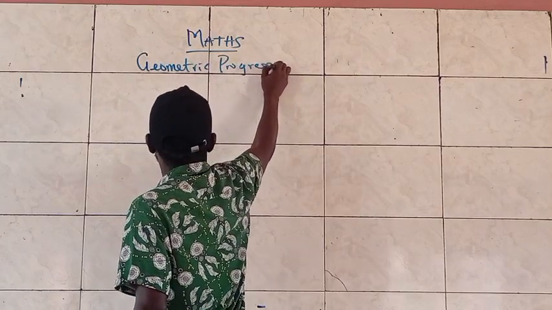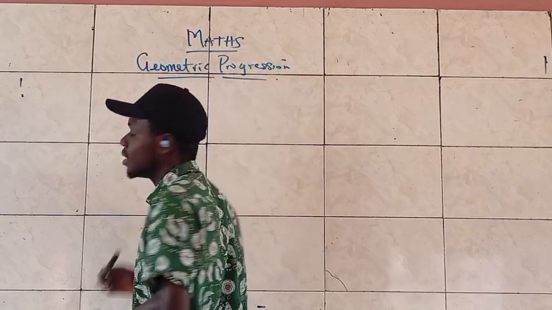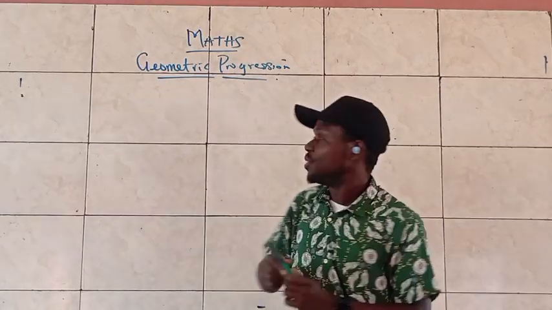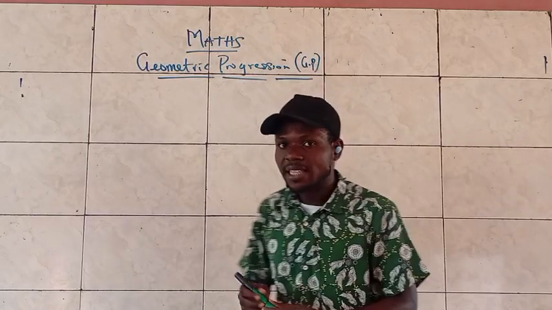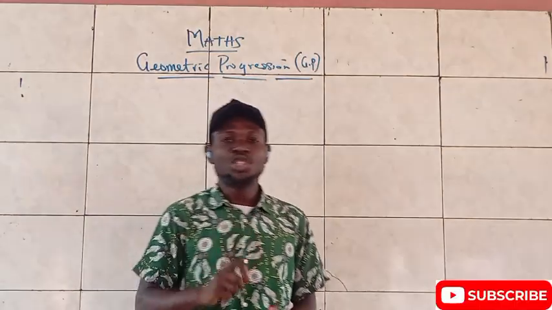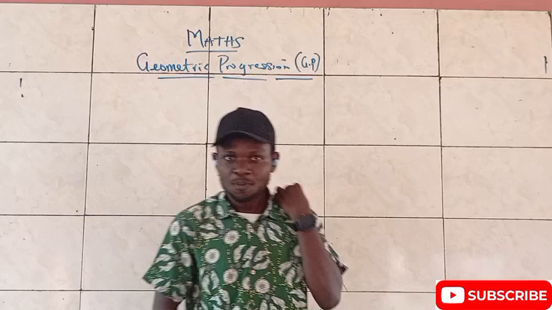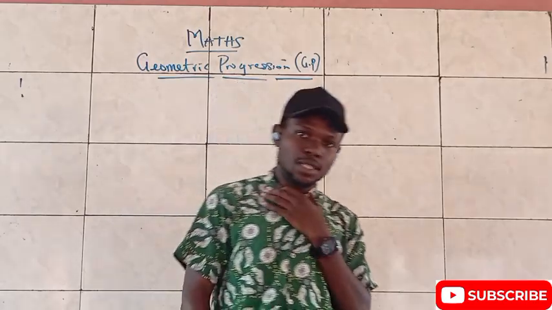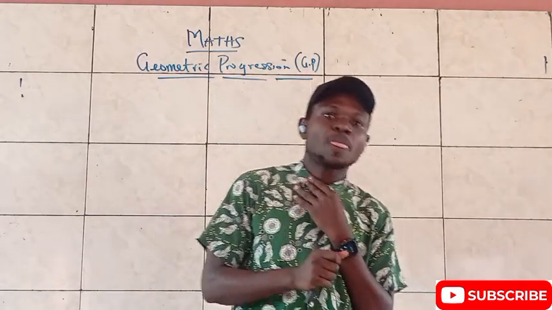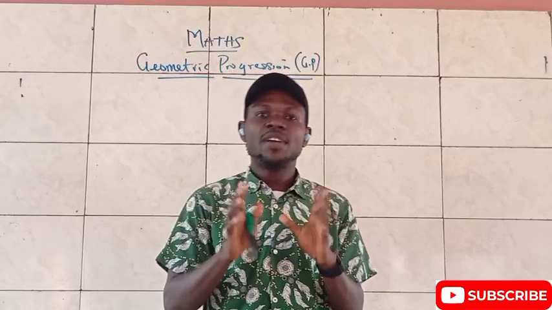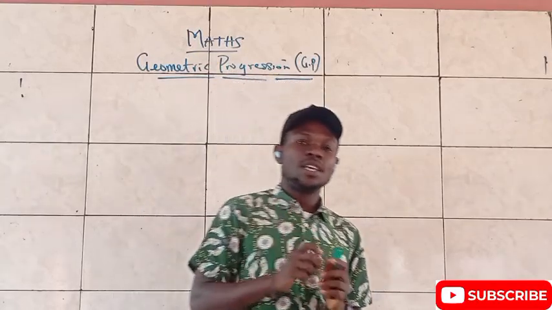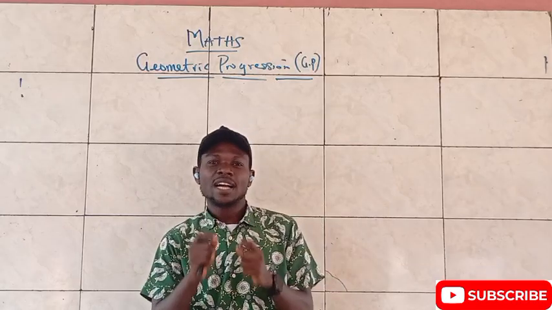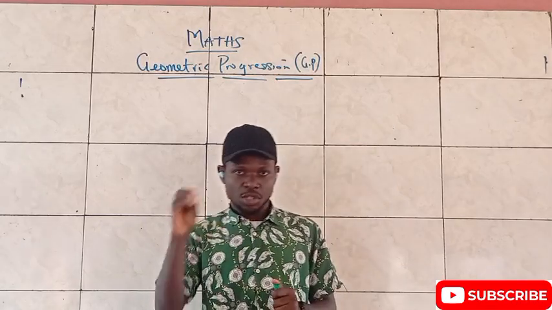The geometric progression. That's called the GP. So do have it in mind that we said that another name for progression is sequence. So the question is, what is geometric progression? In simple terms, a geometric progression can be defined as a sequence that is characterized by common ratio.